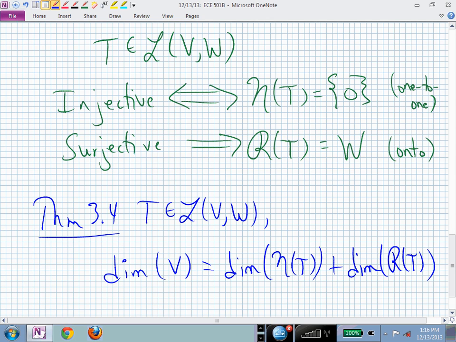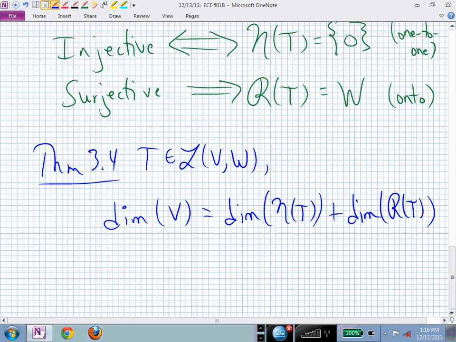And if you're playing with maps and you need to start checking certain things, this relationship might be important if you have certain dimensions, and then you can maybe say something about what's going on with that linear map.